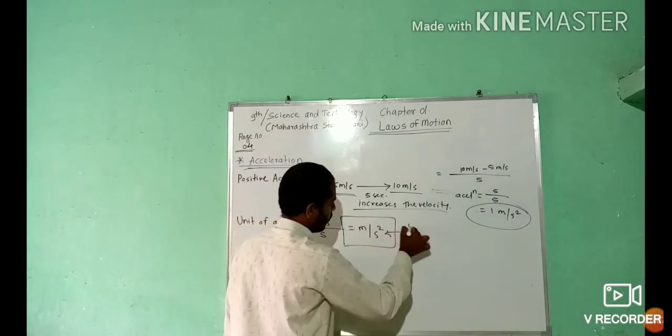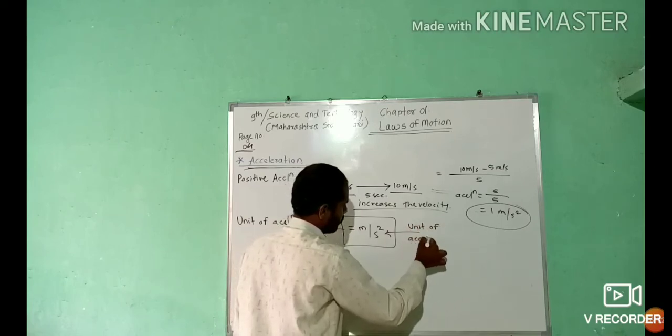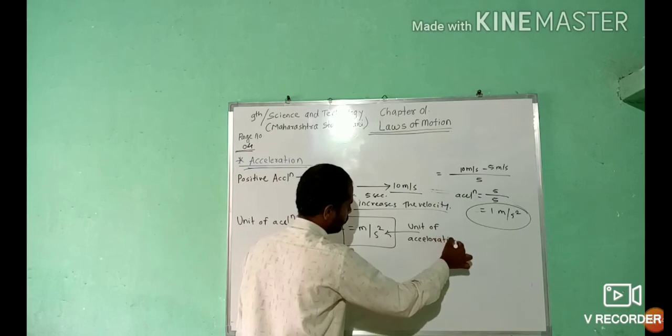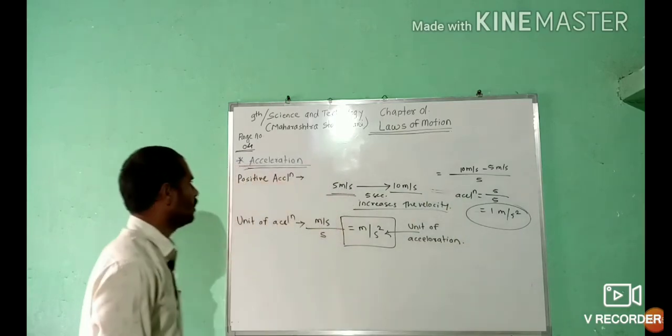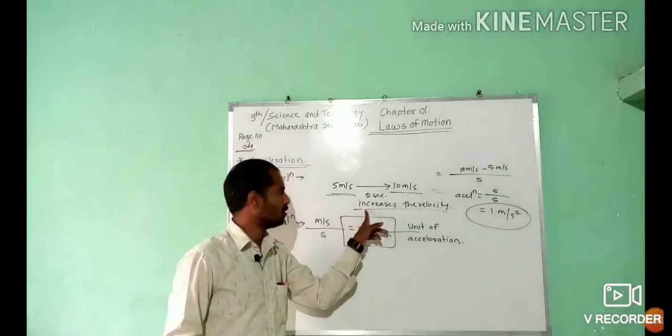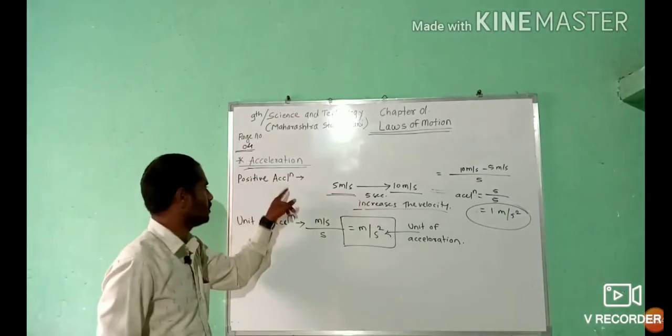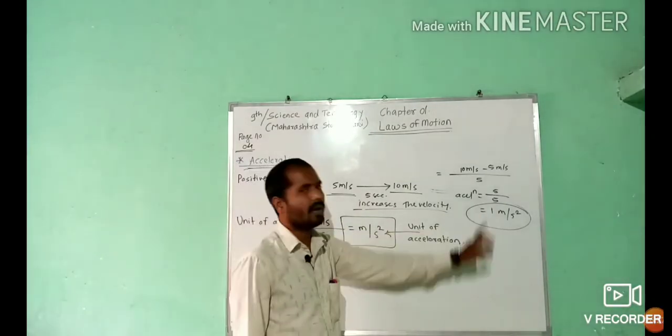That is the unit of acceleration. Got it? So what is positive acceleration? When your velocity increases from the initial velocity, you have positive acceleration, and you will get a positive value.